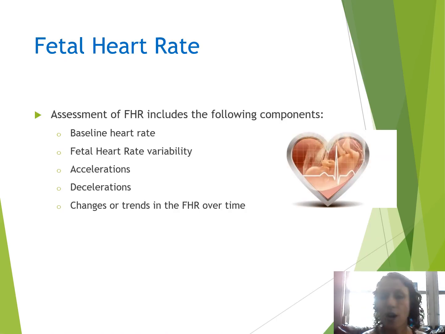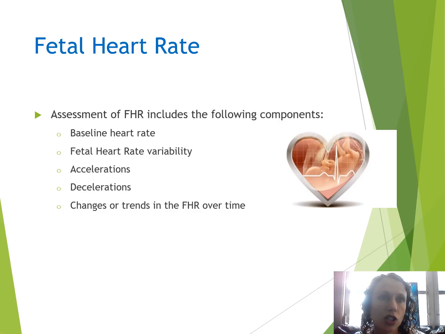When we look at baby's heart rate, one of the best ways is, first, identify what the baseline fetal heart rate is. Second, look at the variability of the heart rate. You'll understand this more in a little bit. Third, accelerations.